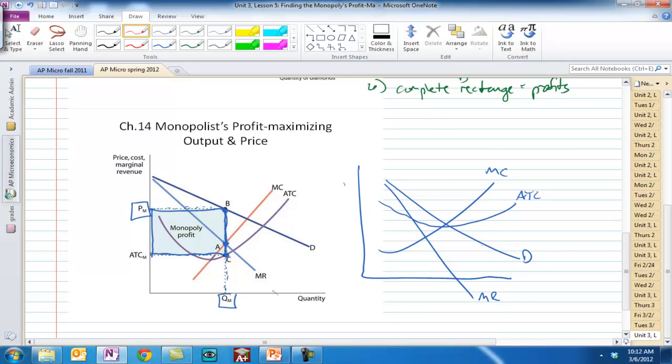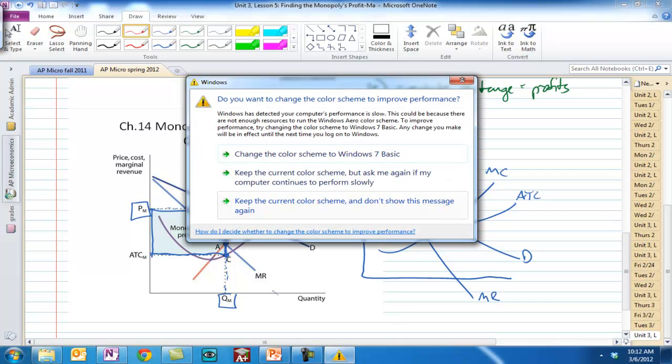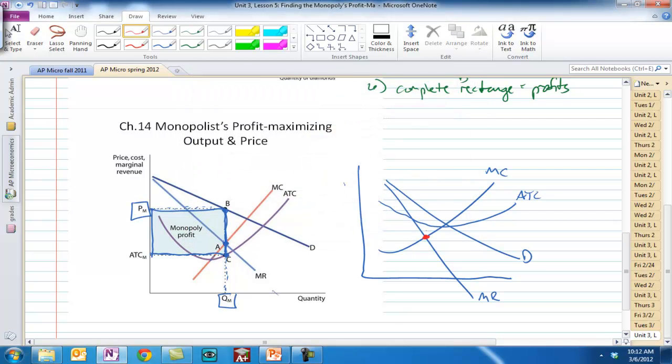1, find MC equals MR point, right there. Drop that line down to the profit maximizing quantity on the x-axis. Next, you extend that line up to the demand curve and over to find the profit maximizing price.